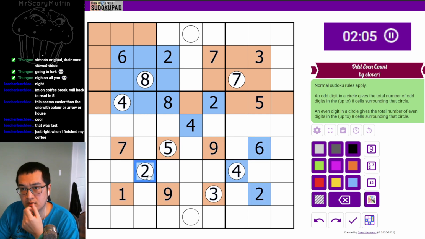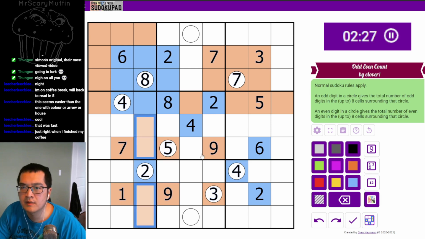This one sees 2. Need 2 more. Here, this sees 5. This one sees 4. 1, 2, 3, 4. This one can't be. Oh, actually, we have 4 evens there, so these are all odds.